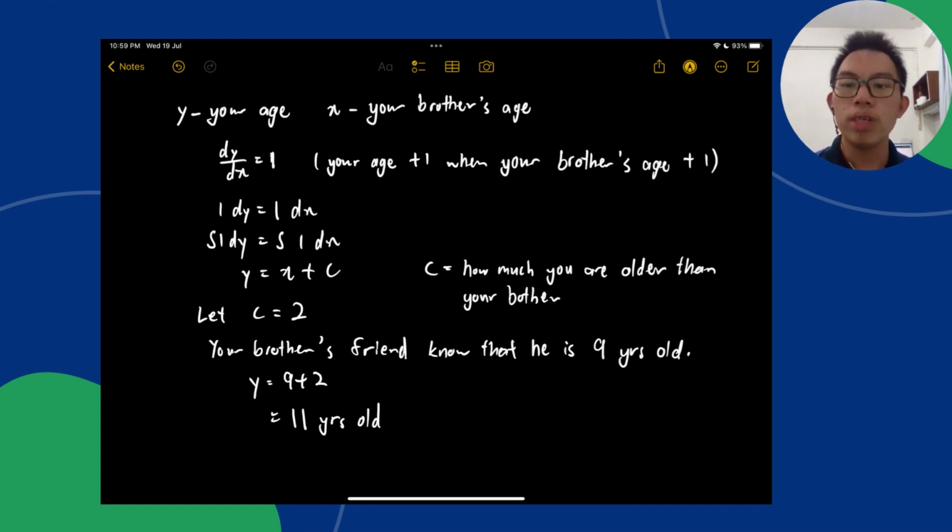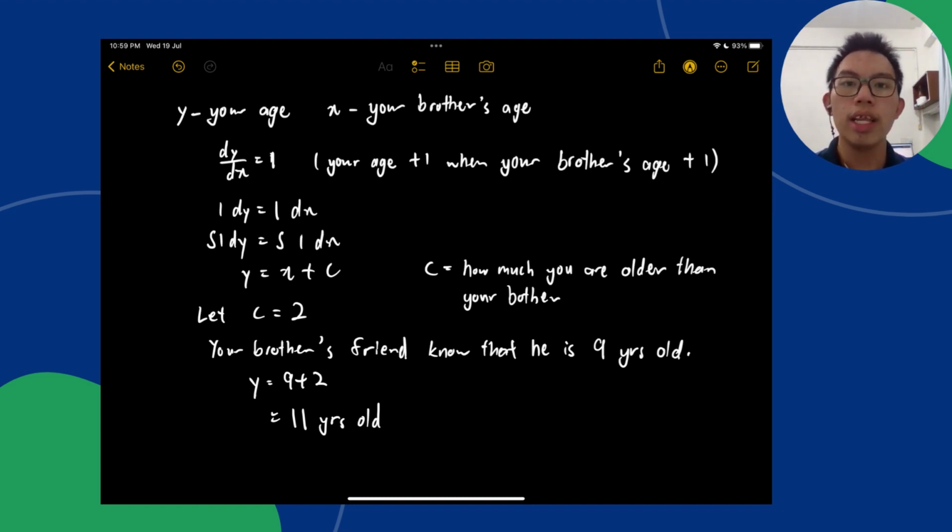So we solve this differential equation by applying the steps from above, and we will find that it is a function, y equals x plus c. C is how much older you are than your brother.